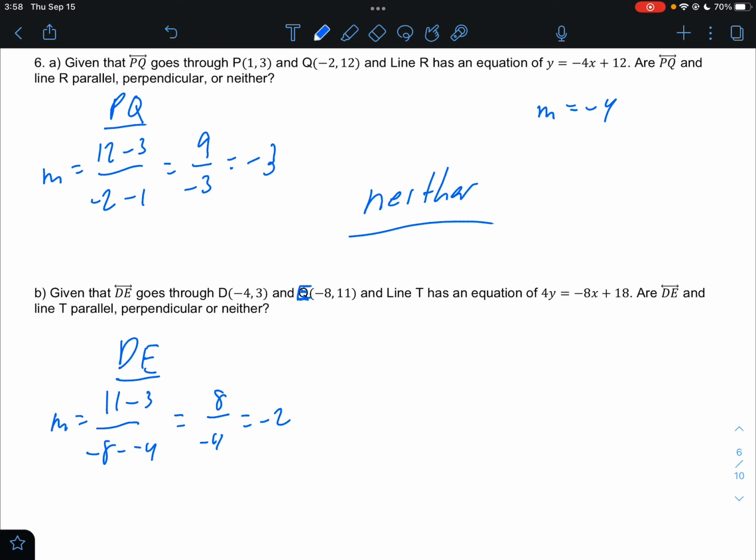The slope of T, if we have to get this in y equals, so we divide everything by 4 here. We get y equals -2x plus 9/2. But all that matters is our slope right here is -2. The slopes are the same, so these two lines are parallel.